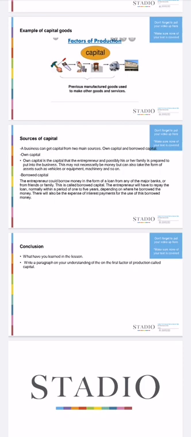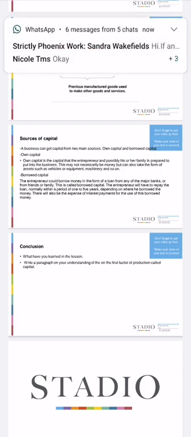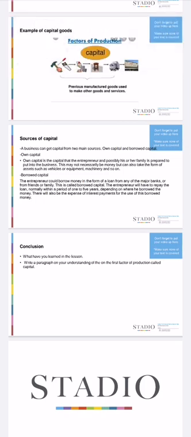The entrepreneur will have to repay this loan normally within a period of 1 to 5 years, depending on where the money is borrowed from. There will also be an expense called interest expense for the money that was borrowed that needs to be repaid to any financial institution.